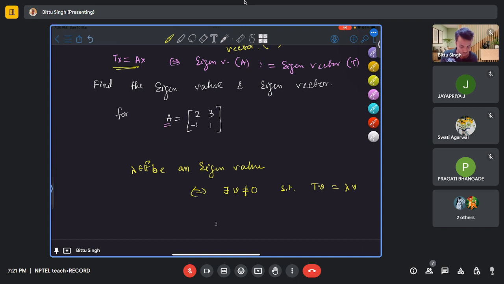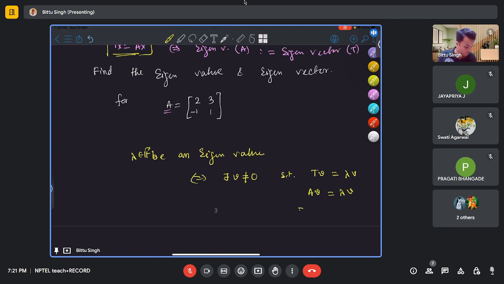And since we are considering those types of transformations, this will be the same as A times v equal to lambda times v, and this will be if and only if we can write it as (A minus lambda I) times v equal to 0. Here A is an n cross n matrix, and v is a column of this form, x1 up to xn.